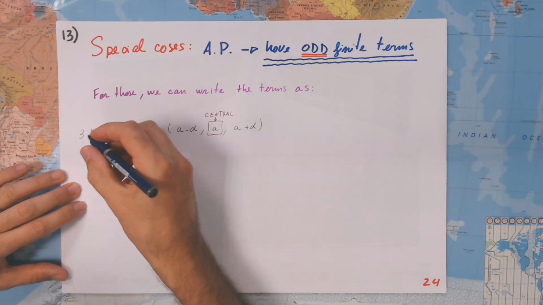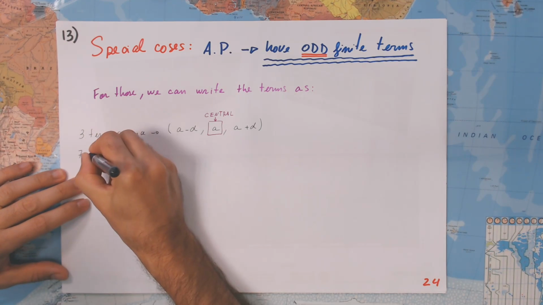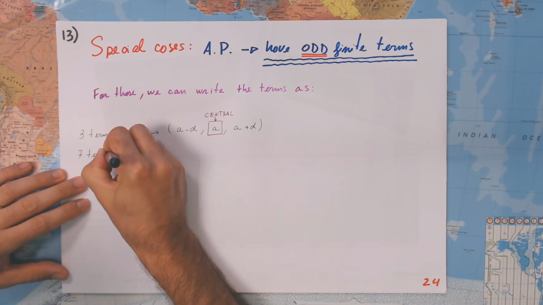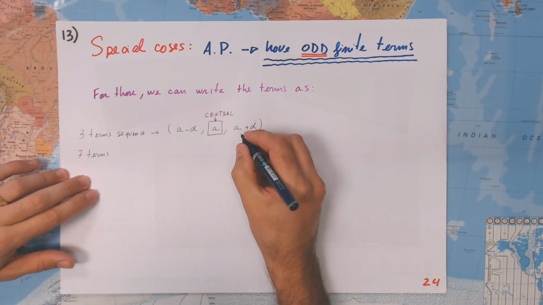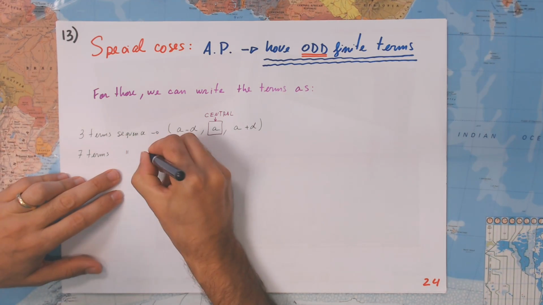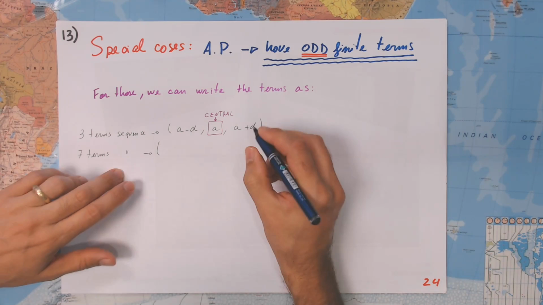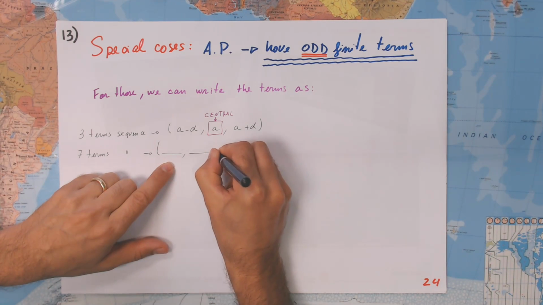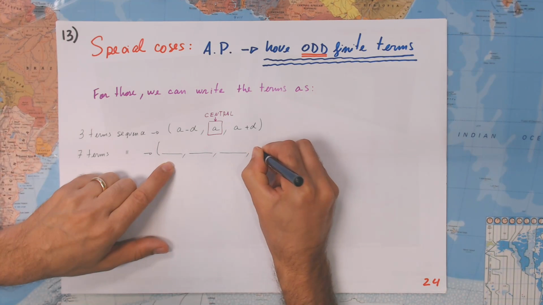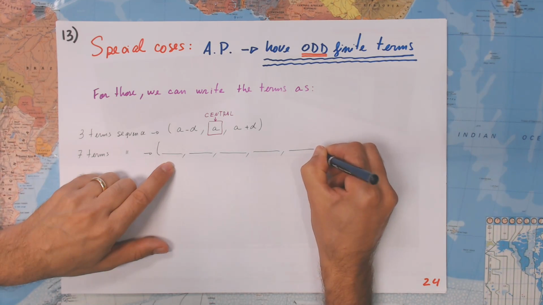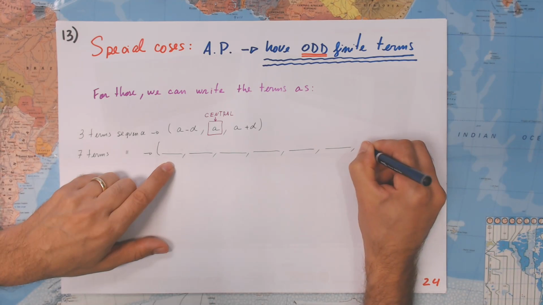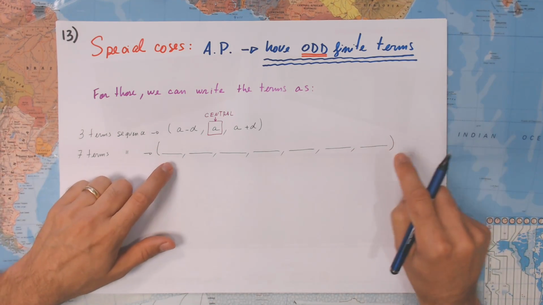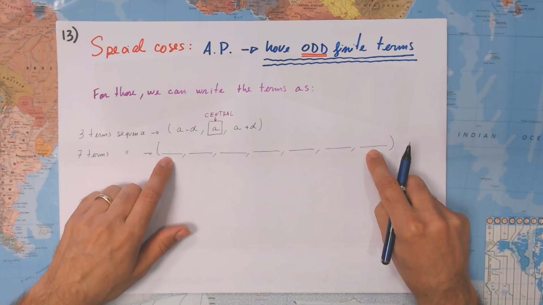Well, it could be 3, maybe it could be 7 terms. If we had a 7-term sequence, we would write like this. Again, let's put those terms in here: 1, 2, 3, 4, 5, 6, 7. I'm just trying to find the middle.